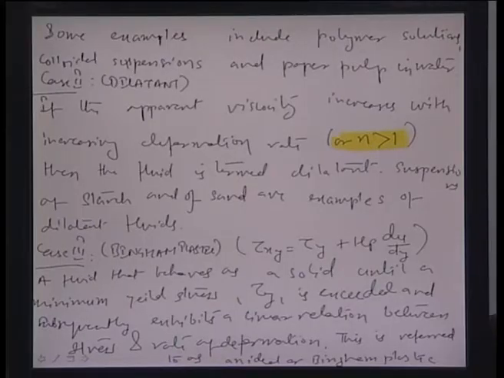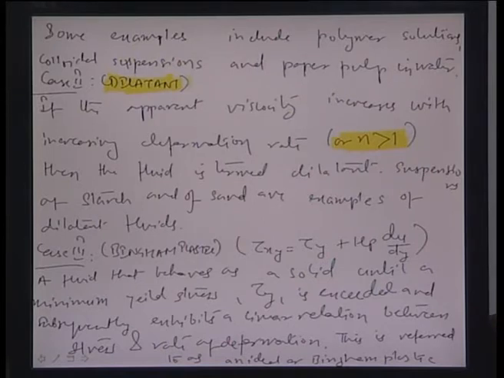Similarly if n is more than 1, in that case the fluids would be categorized as dilatant. Essentially what that means definitionally is that the apparent viscosity would increase with increasing deformation rate.